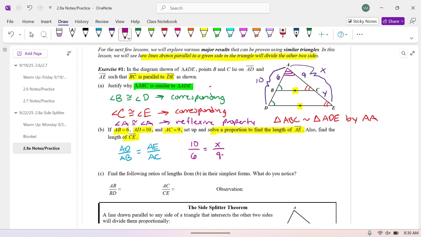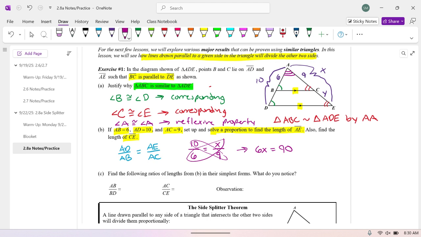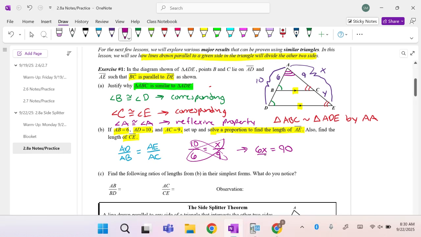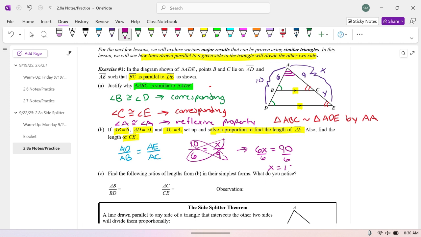So we can cross multiply to get an equation. This would be 6x is equal to 90. And then 90 divided by 6 is what? 15. So AE is equal to 15.